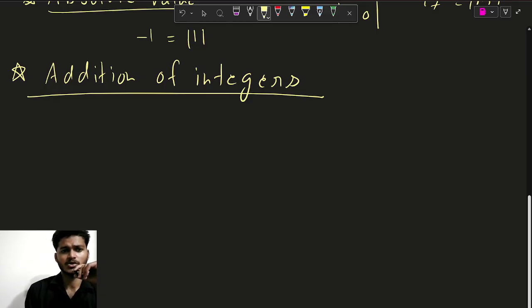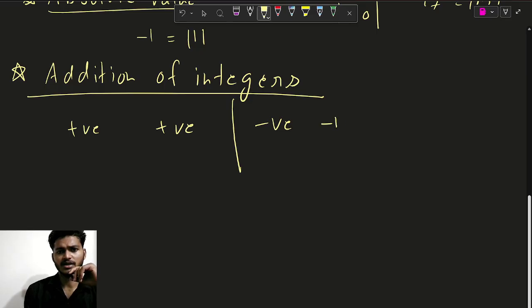There could be two positive integers which we have to add, or there could be two negative integers which we have to add, or there could be one positive integer and one negative integer which we have to add. So in the addition of integers, there are three possibilities.